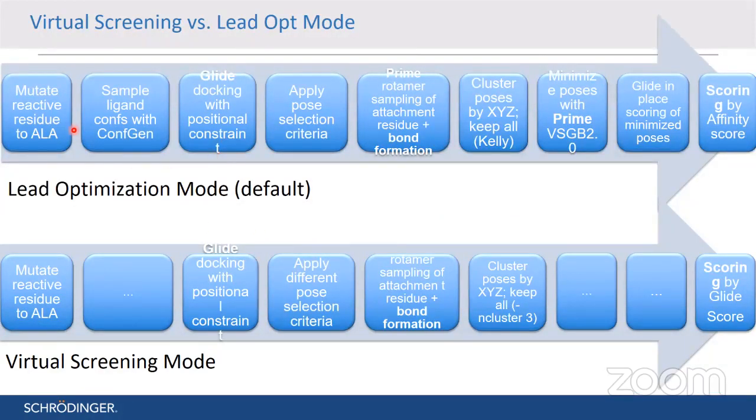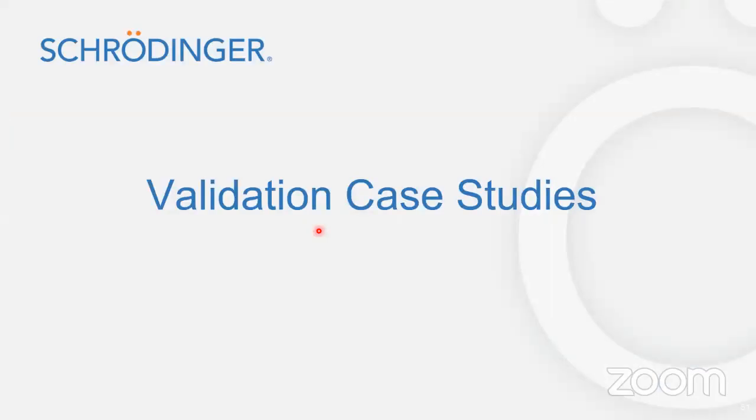I already explained what steps it misses for your virtual screening mode. It does not have sampling with conformation generation. It does not perform binding energy estimations. So those things are missing. If you see clearly, the difference between lead optimization mode and virtual screening mode is very clear, and that is the reason you get faster outcomes. So if you have a bigger database, then it is one of the best to use.